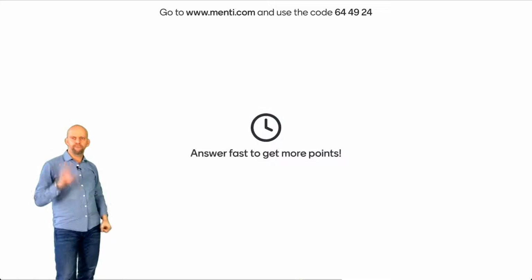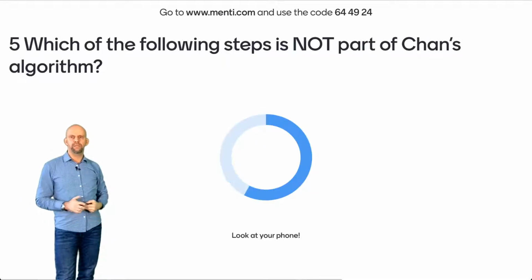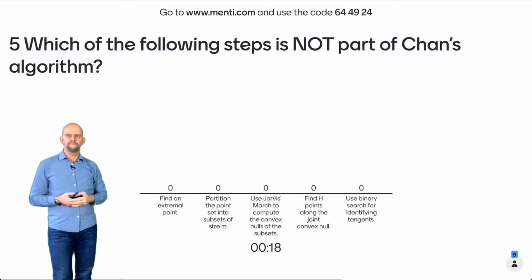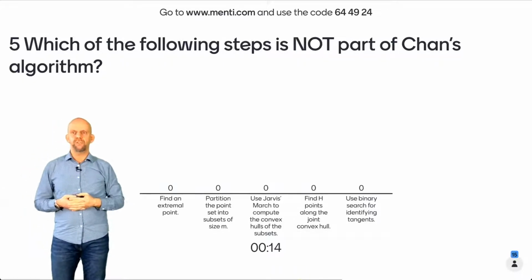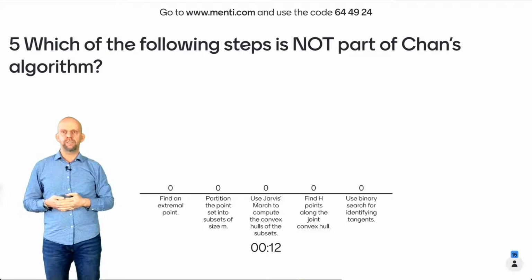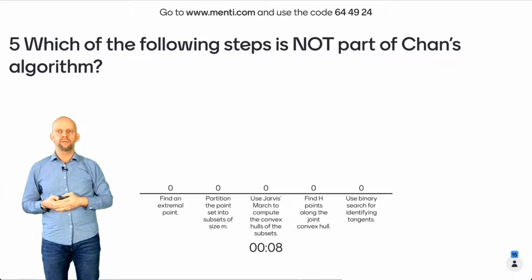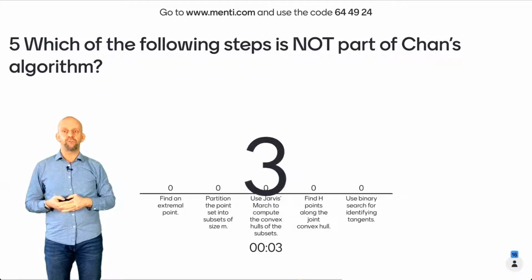Number 5. Which of the following steps is not part of Chan's algorithm? Find extremal points, partition the point set into subsets of size m, use Jarvis March to compute the convex hull of the subsets, find h points along the convex hull, use binary search for identifying targets.